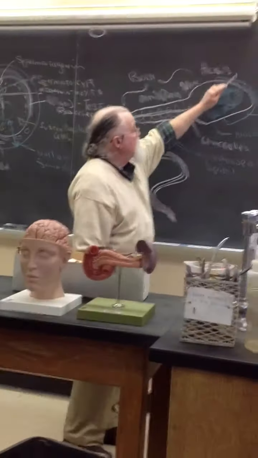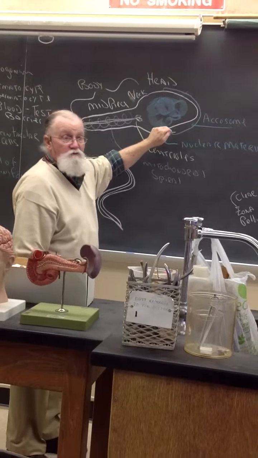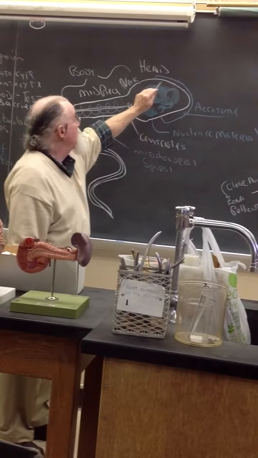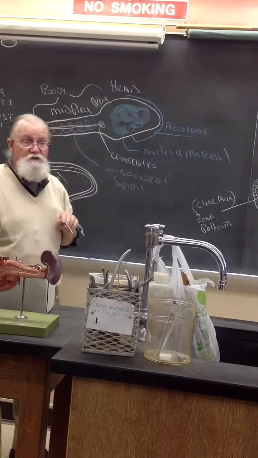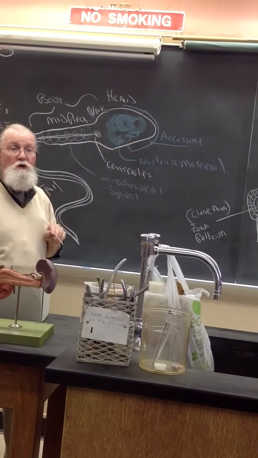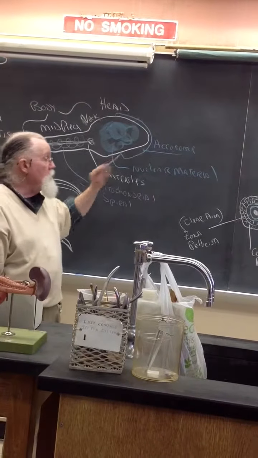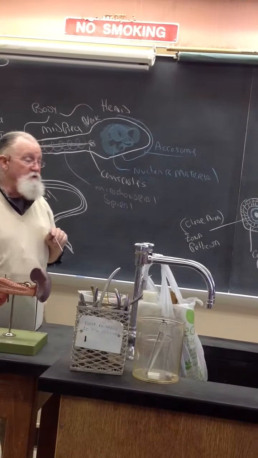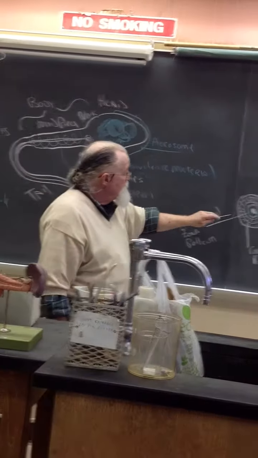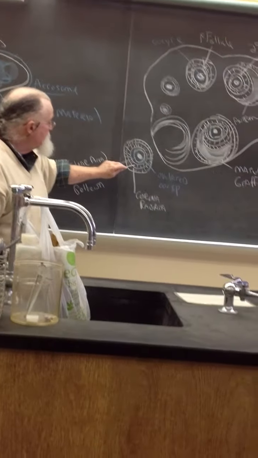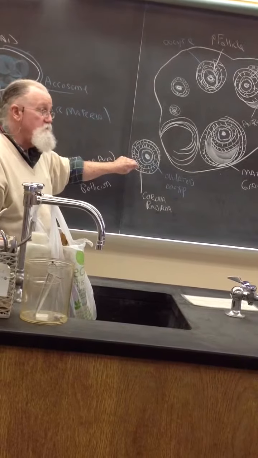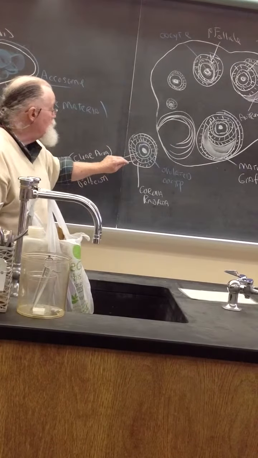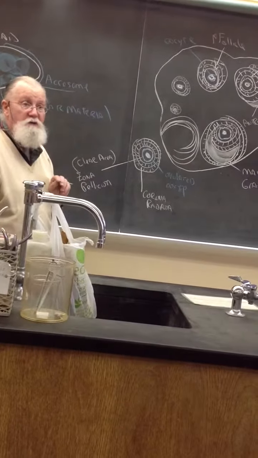The sperm has what's called an acrosome covering the head. And the acrosome is filled with enzymes that are going to allow the sperm not only to penetrate the egg, but the egg has a layer of follicular cells called the corona radiata surrounding it.